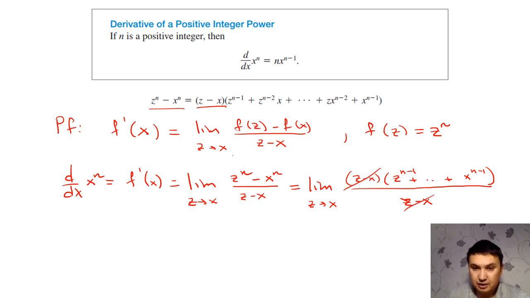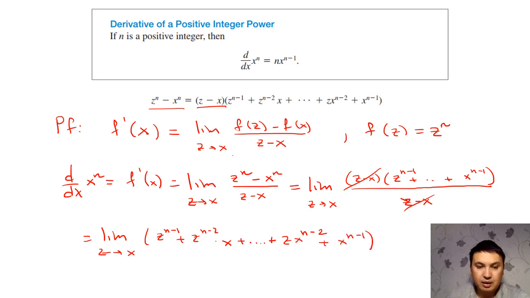So z minus x is cancelled, and I'm left with the limit as z goes to x of z to the n minus 1 plus z to the n minus 2 times x plus dot dot dot plus z x to the n minus 2 plus x to the n minus 1. Now, this is a polynomial, a continuous function. For continuous functions, the limit is nothing but assignment, so I can simply let z equal x.